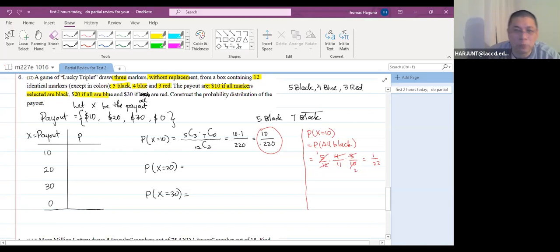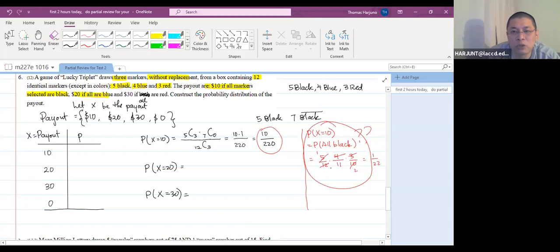Now, if you ask me how I will do this problem, I have a tendency to do it either way. There's no preference in this case because all of them are black. You will not be able to do it this method if I say the payout is $15 if you get 2 black and then 1 red, for example. Then you cannot do it this way anymore. Why?